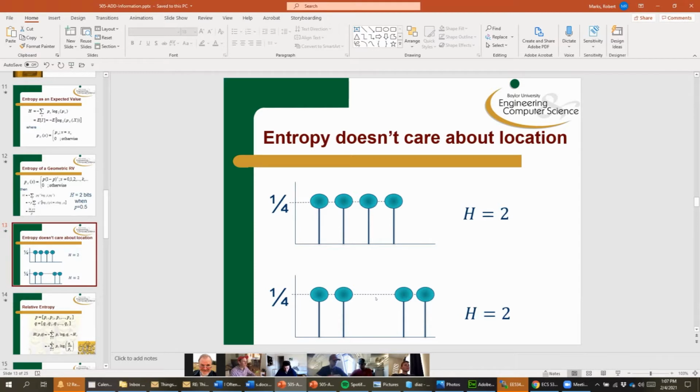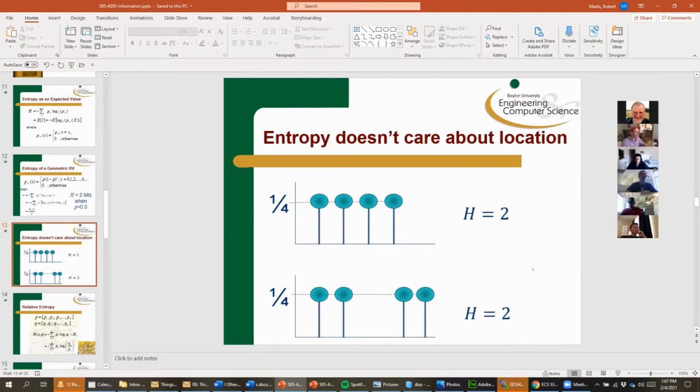On the bottom, we have some other probabilities, but these are not arranged in a fashion which is easily accessed. But it turns out the entropy of that is also 2, because the only thing we care about is probabilities. We don't care where those probabilities occur. So this is an interesting phenomenon about entropy.